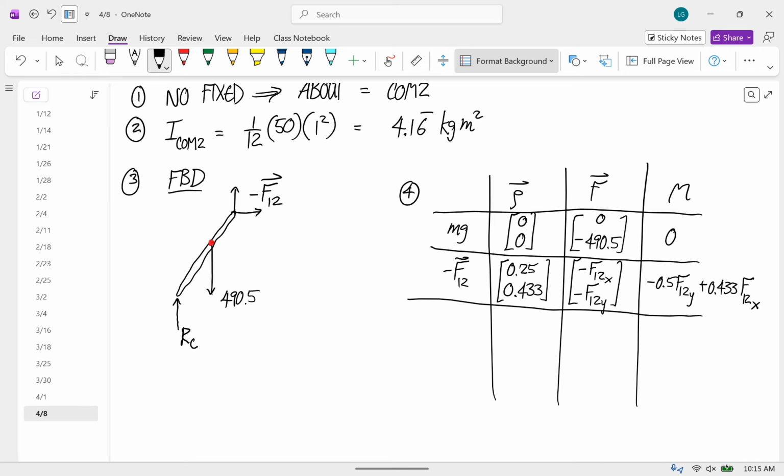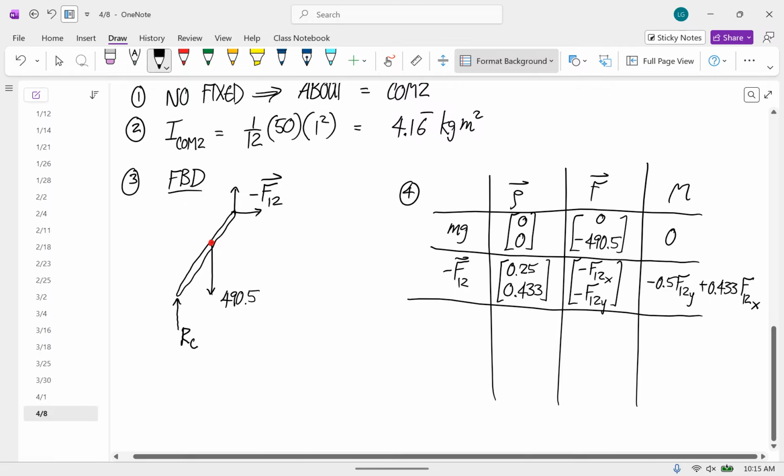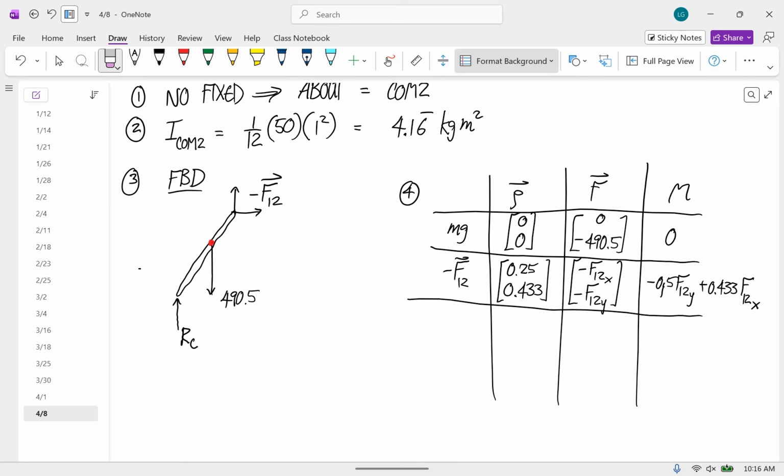Any questions about that? Yes. Is it negative 0.5 F12y or is it negative 0.25? 0.25, thank you. Negative 0.25.